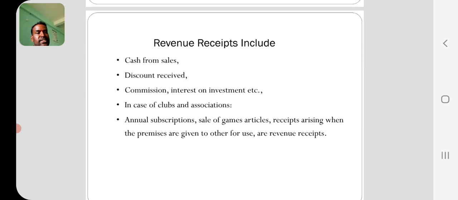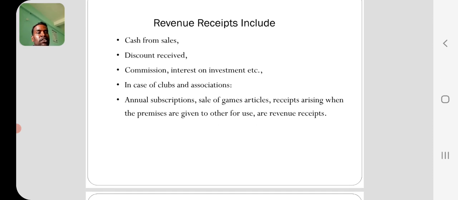Revenue receipts, examples: cash from sales. We are selling the old newspapers. For that, we are getting some money, revenue. It is called a revenue receipt, right? Discount received is also income. Commission, interest on investment.